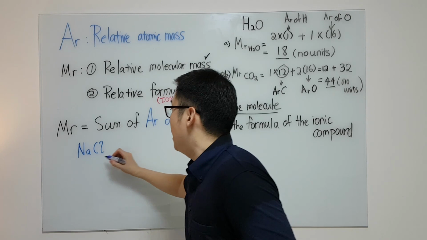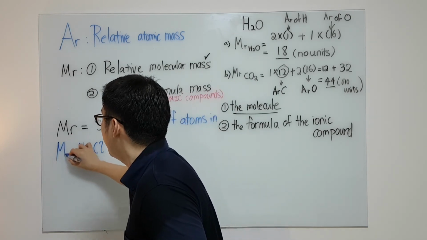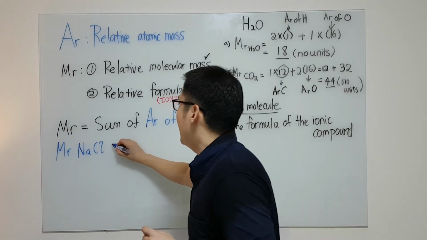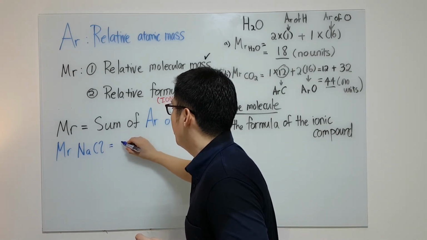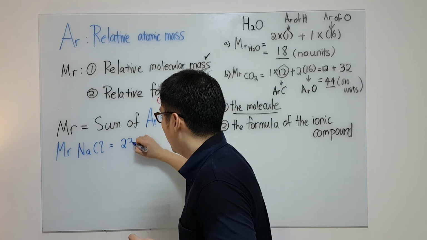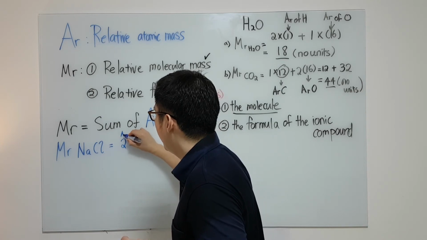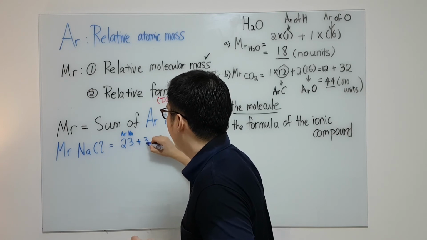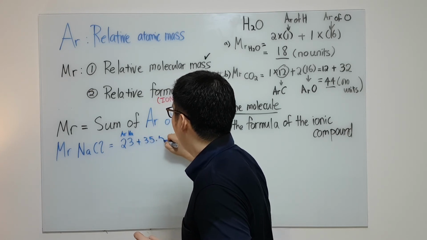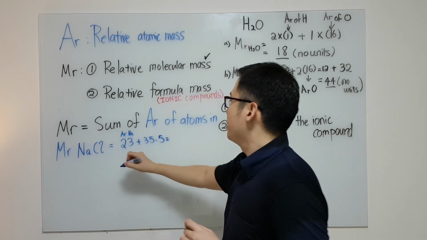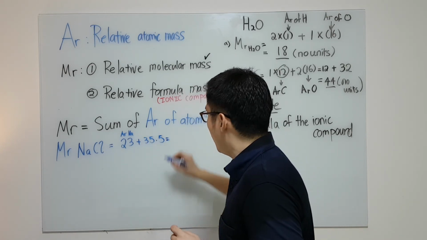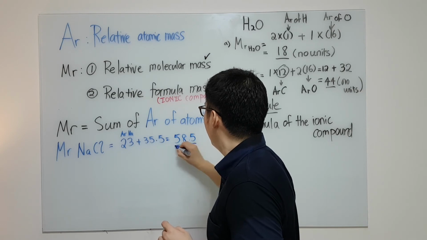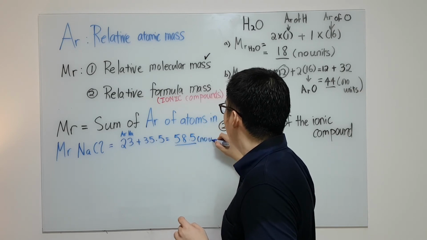To find the relative formula mass of my sodium chloride, that would actually be equal to 23, which is actually the Ar, relative atomic mass of your sodium, plus 35.5, and that, students, would give me a total of 58.5. Taking note that there is no units.